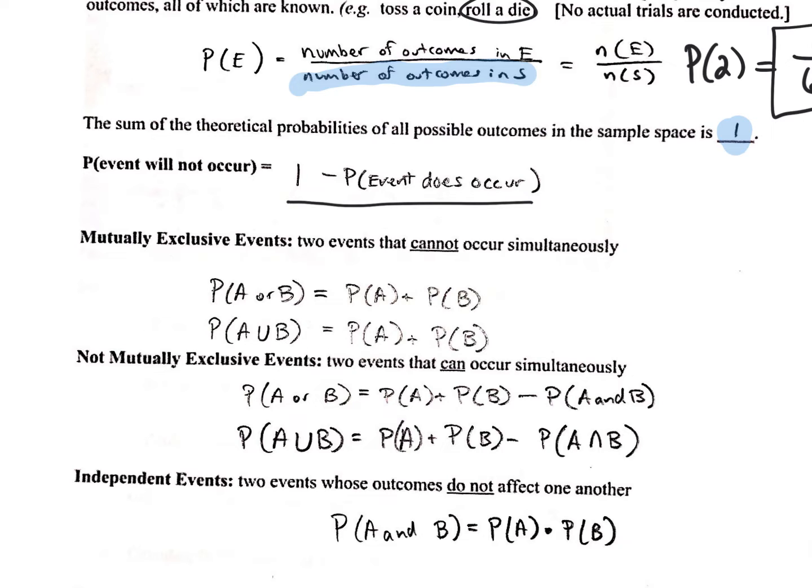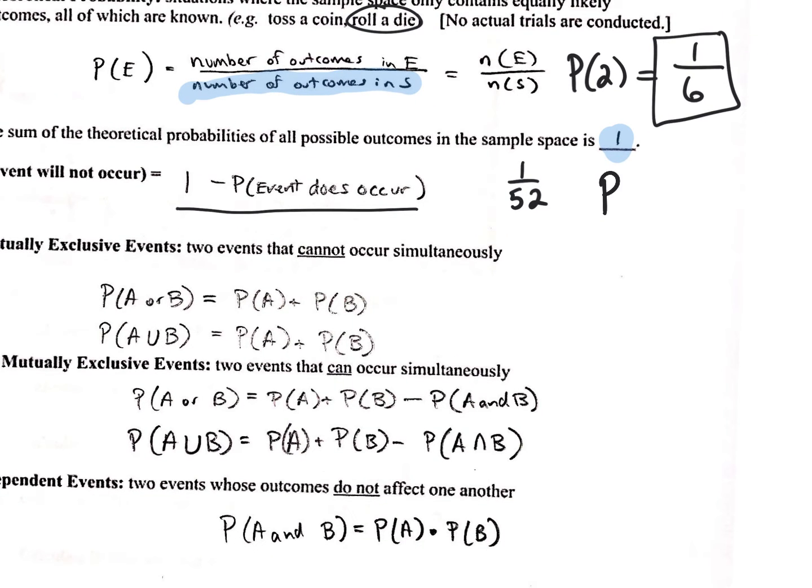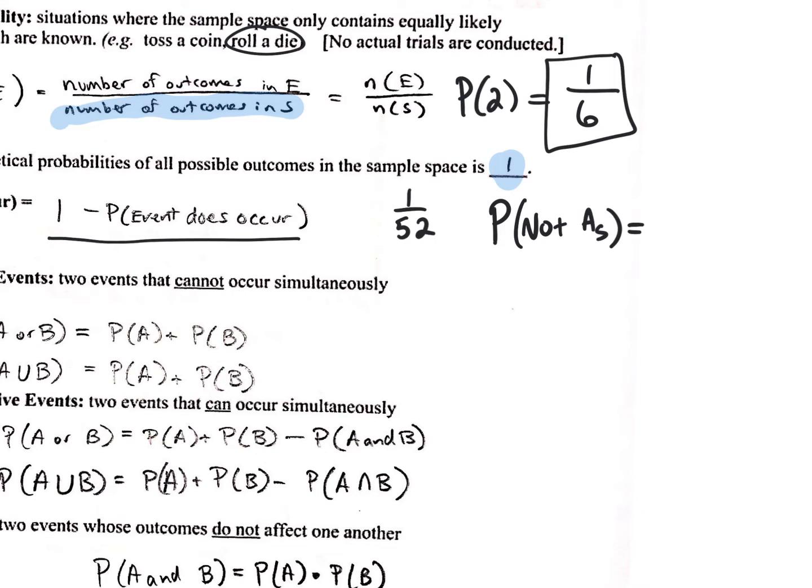Just to use an example, the probability of pulling the ace of spades from a deck of cards would be 1 out of 52. The probability of not the ace of spades would be 1 minus 1 over 52, or 51 out of 52.